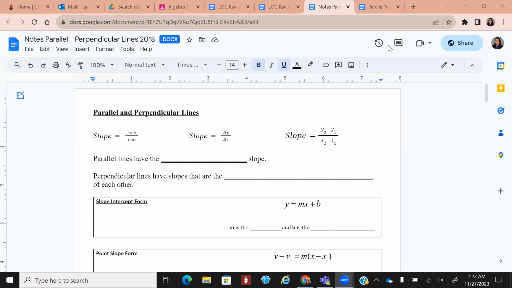We are on our last unit of Algebra 1. Yay! But it just so happens to be the introduction to geometry. Okay, so this is your first preview of what geometry is going to be like. Now, that being said, though, this is majority algebra based, but it still has algebra. So you know that slope is rise over run.